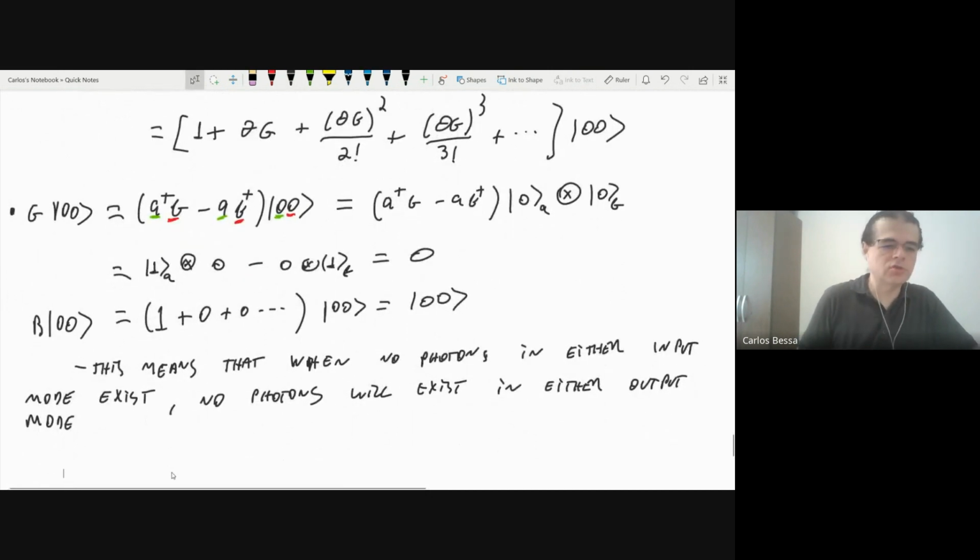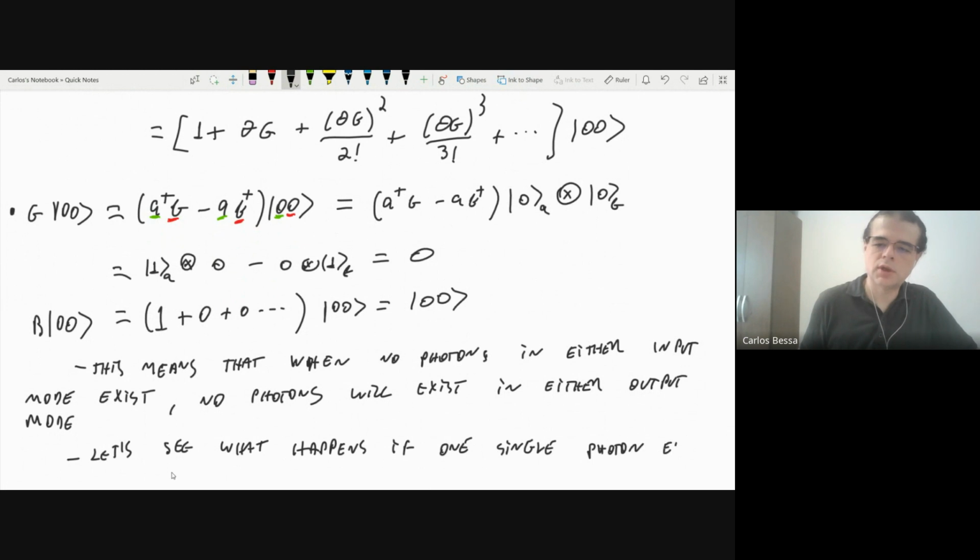So just to finish for today, let's see what happens if one single photon exists, for instance, in node A.